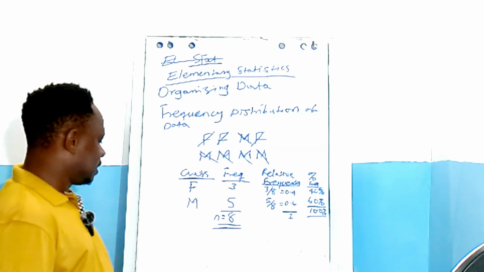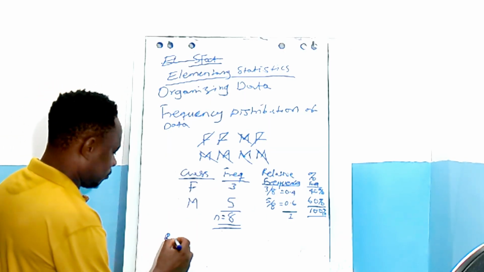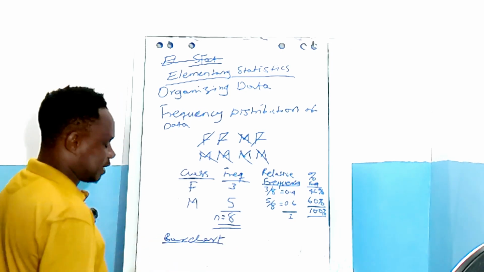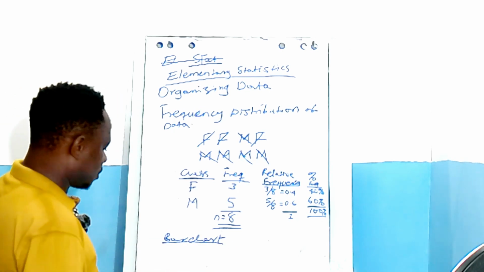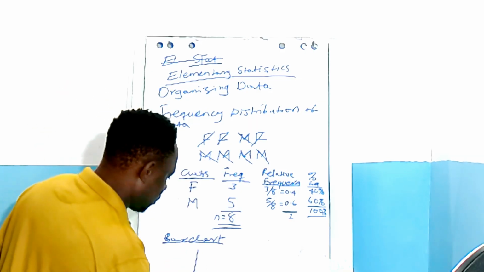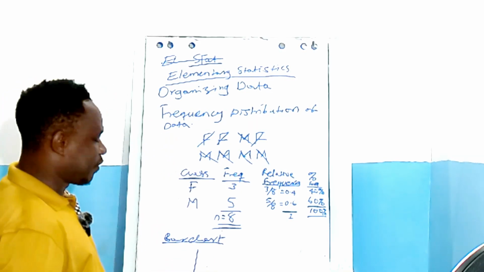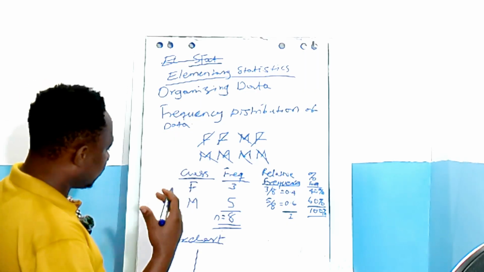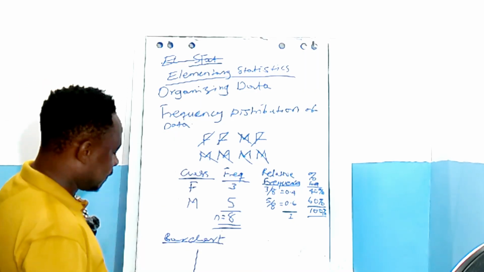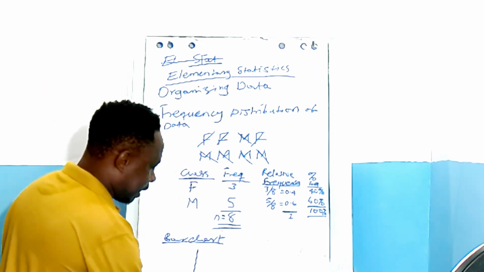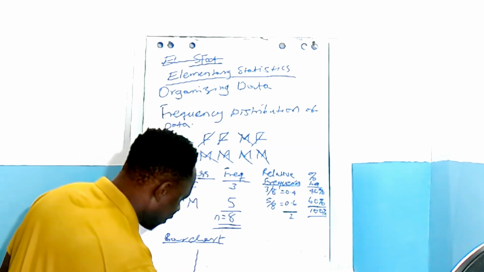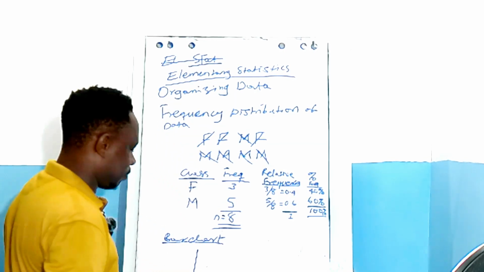A bar chart gives us a graphical representation of a categorical distribution such that on the x-axis, we have the various categories. So we have female, we have male.